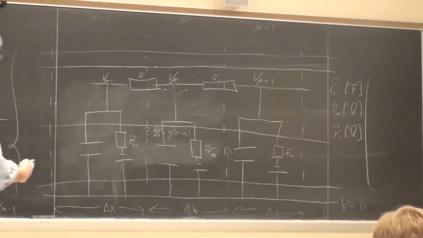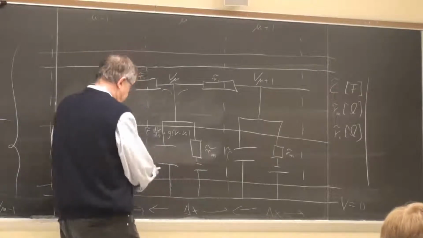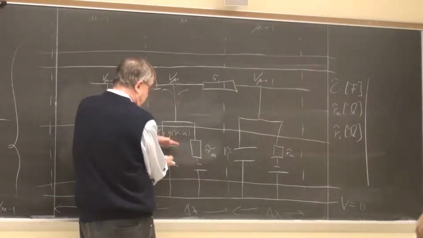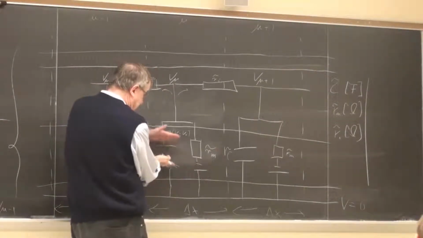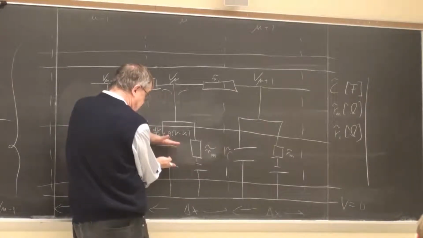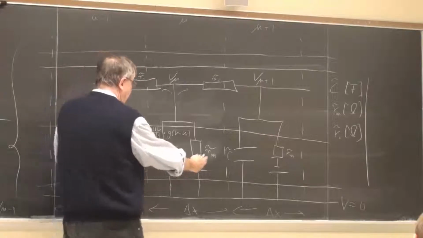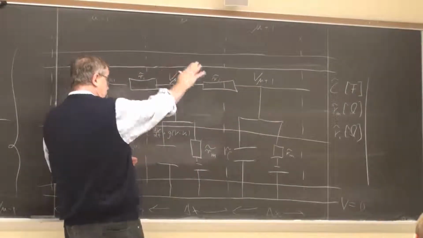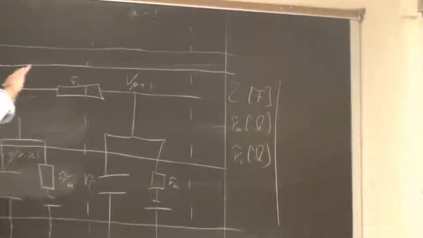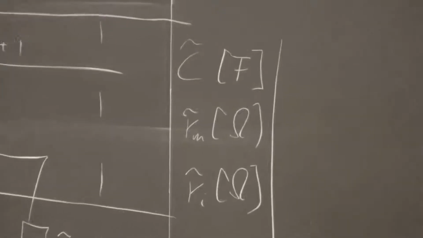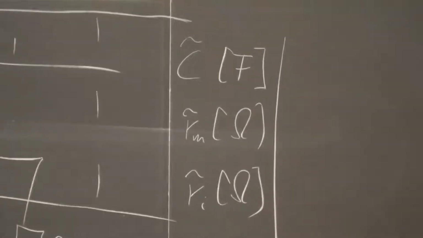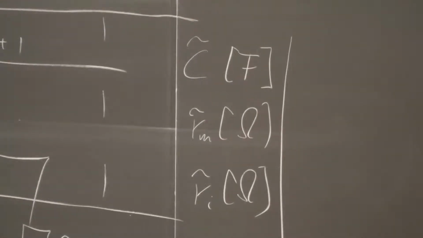And so I know that C is proportional, the capacitance is proportional to the area of this capacitance. That is the area of the membrane surrounding the dendrite here. And now if I make this dendrite segment longer or shorter, then the area will increase linearly.